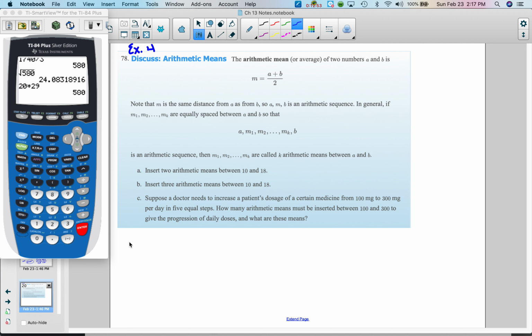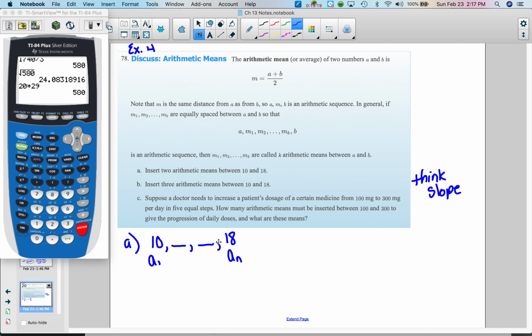But for part A, we are asked to insert two arithmetic means between 10 and 18. So that means I need to come up with two numbers that are going to be equal distance if I split this. So one way to think about this is to kind of think slope. Remember that arithmetic sequences are linear in pattern. So think about slope. This 10 is a sub 1. This 18 is a sub n.